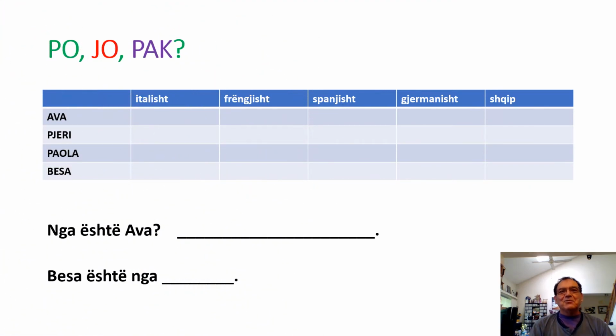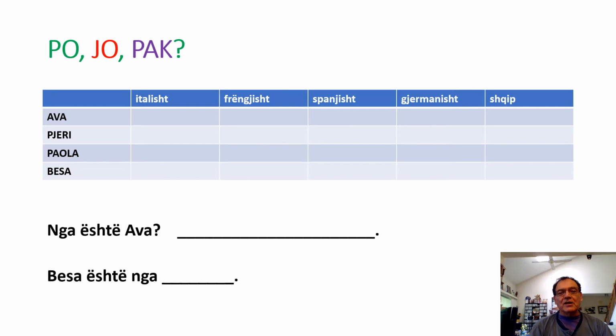Okay, are you ready for a big challenge? You're going to listen to a new conversation, and you're going to have to decide whether these four people that you have here, Ava, Pieri, Paola, and Bessa, speak any of these languages that you have there: Italisch, Frenchish, Spanish, Germanish, and Ship.